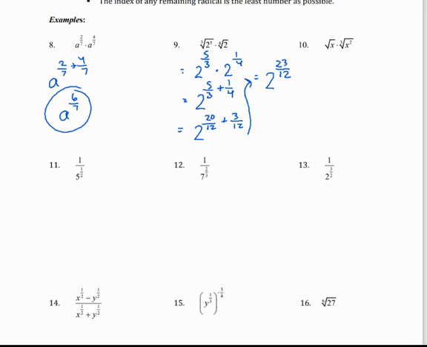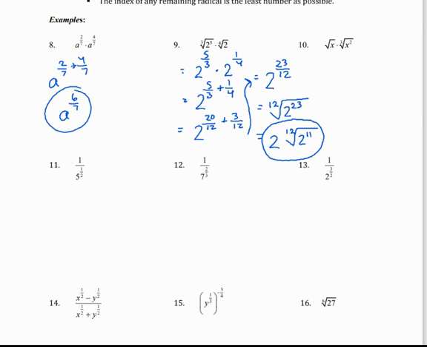Now, because this was a radical to begin with, we need to go back and convert that to a radical. So that is the 12th root of 2 to the 23rd. Well, can I simplify that? Yes, 12 goes into 23 once. So a 2 will come out, and I'm left with 2 to the 11th inside. And there's my answer.